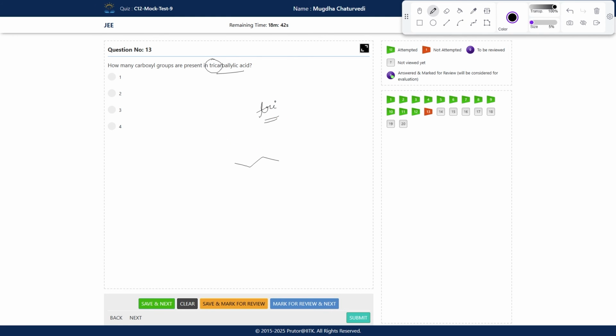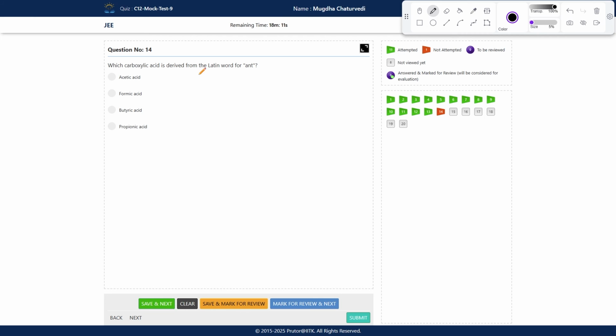If you look at the structure, we have 3 carboxyl groups present. So the correct option will be the third. Even if you don't know the structure, if you see tri, you can say that we have 3 carboxyl groups present. Now let's see the next one.